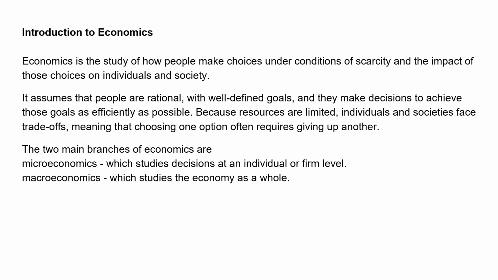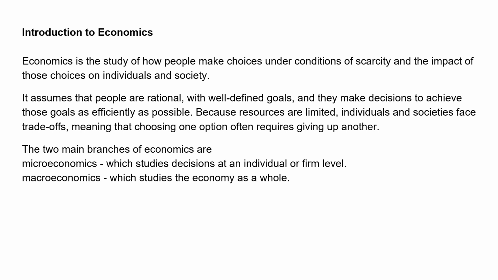It assumes that people are rational and have well defined goals, and they make decisions to achieve those goals as efficiently as possible. But because the resources are limited, individuals and societies face a trade-off. That would basically mean that they would have to give up something for something better. And again, what is better is upon their judgment.